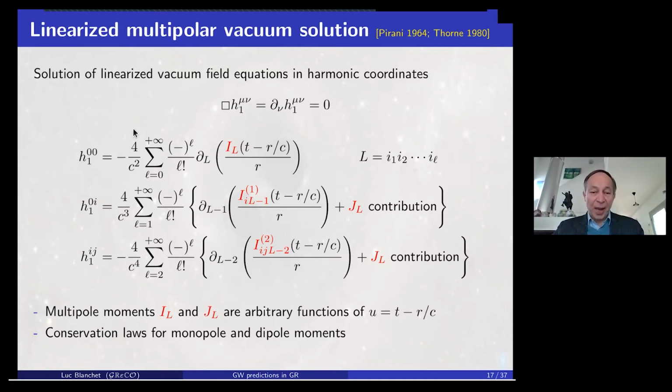And this is parameterized by multiple moments, and so they appear as formal multiple expansions of these moments up to any order in the multipolar order. And here the notation is that capital L is a multi-index with L spatial indices. And then you solve using retarded potentials this equation. This is very simple. And so you have your definition of the multiple moments, so-called source multiple moments.